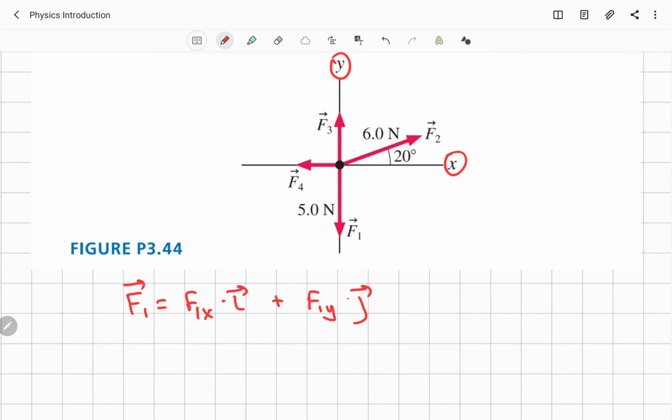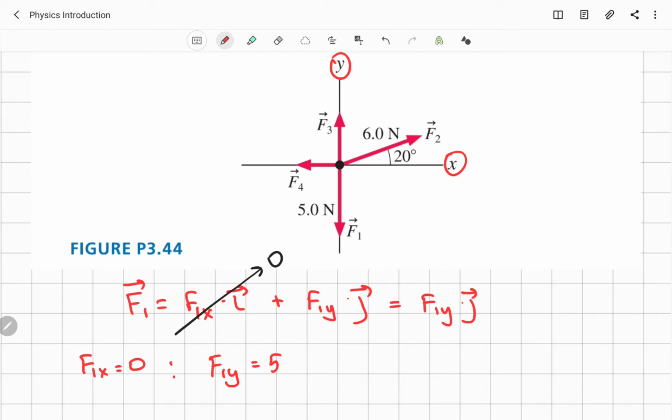But the x component equals 0 because f1 is exactly vertical. So this part equals 0. So f1 basically consists of only a y component. So f1 equals 5 newtons, so it means f1y equals 5 newtons. f1x equals 0. It's obvious from the figure.